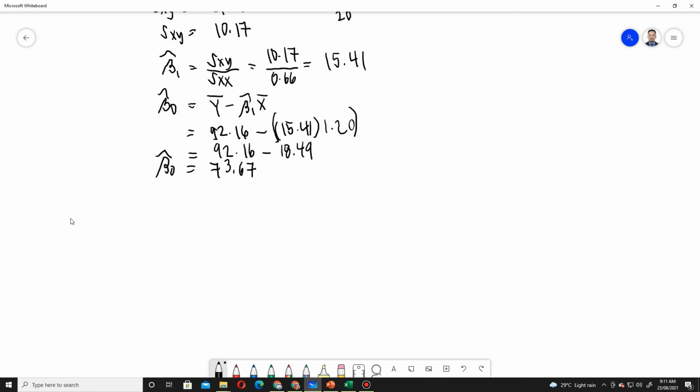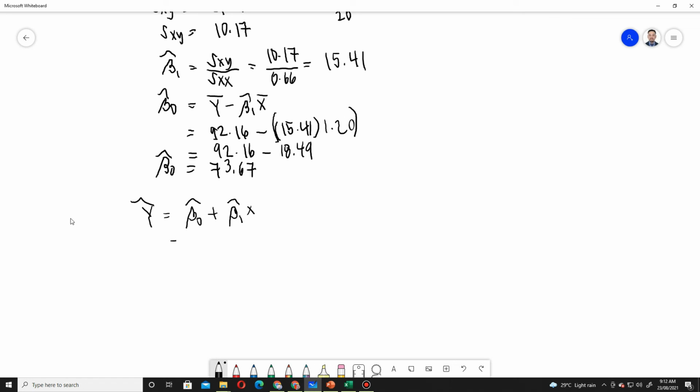Lastly, we will plug this in to our prediction model. We have y hat is equal to b hat sub 0 plus b hat sub 1 multiplied by x.